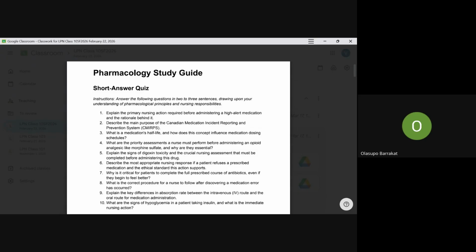It's actually written for all medication from the pharmaceutical company. So a medication has a specific time that it will be very effective, and that's the half-life of a medication. So the concept of the medication dosing schedule is that as the half-life declines, then the dosing should be increased so that it can be more effective for the purpose of the drug.